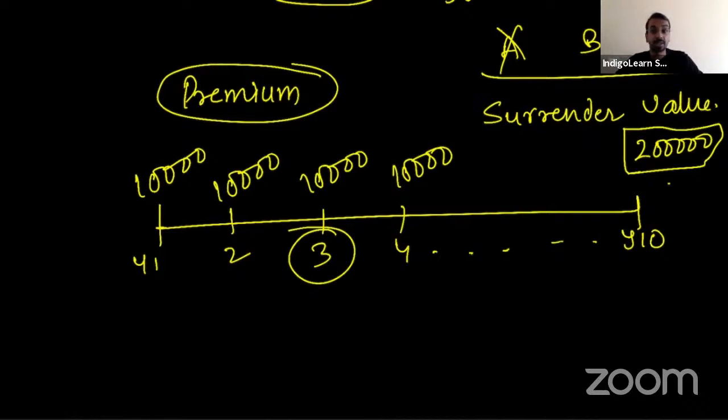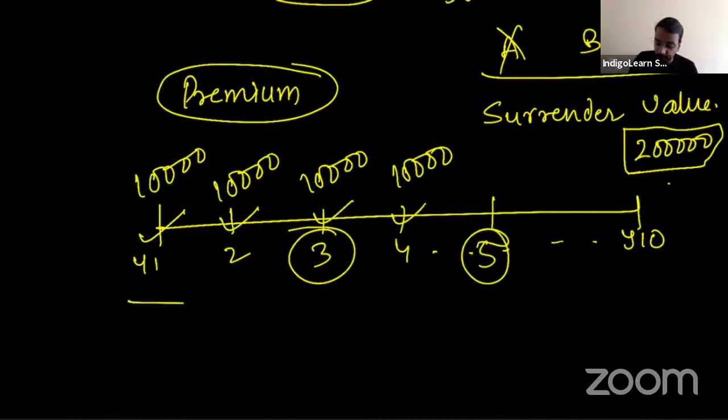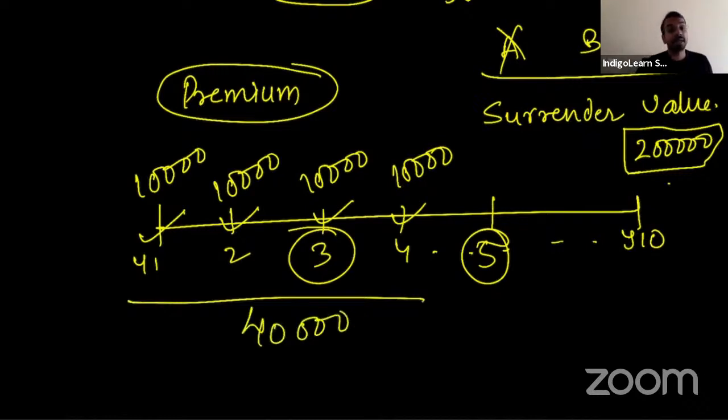The firm may decide to discontinue this policy. Now, if you discontinue, let us say you paid premium for year 1, year 2, year 3, and year 4, and in year 5, you want to discontinue this policy. How much premium have you paid? 40,000 is already paid, right? Now, if 40,000 of premium is already paid, and if you want to surrender this policy, depending on the bonus schedule provided by the life insurance company, there will be something called a surrender value.